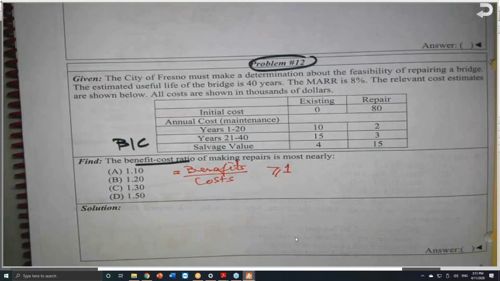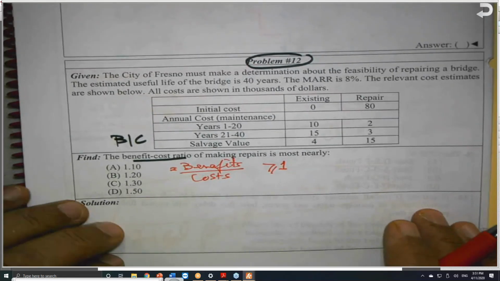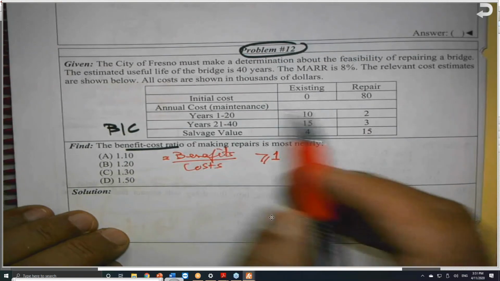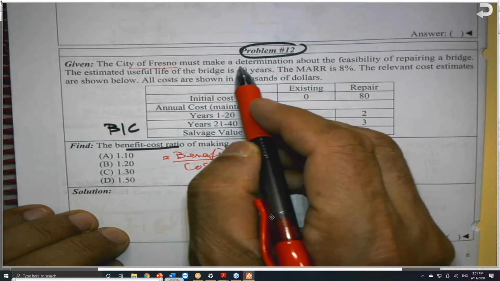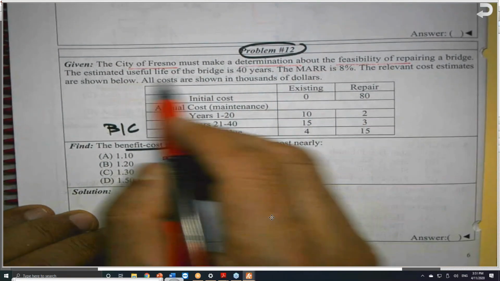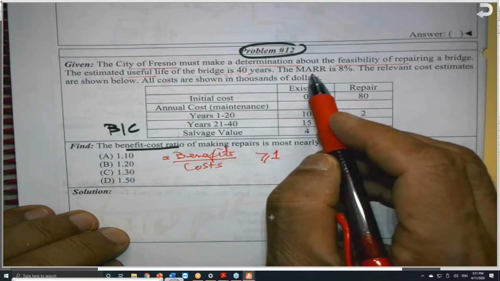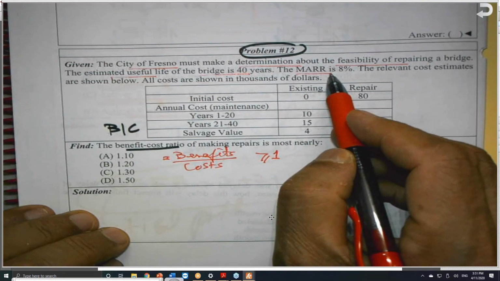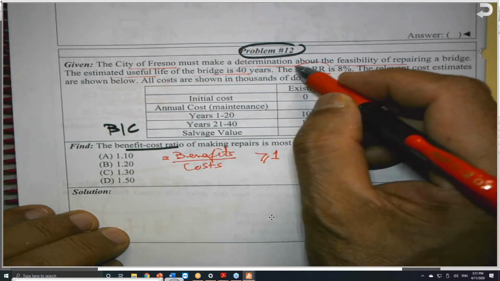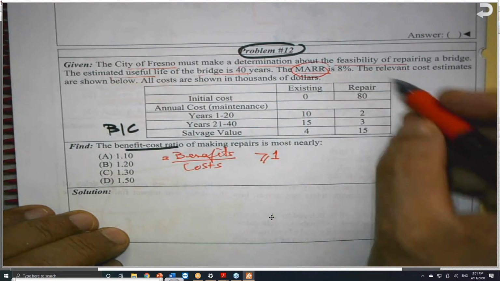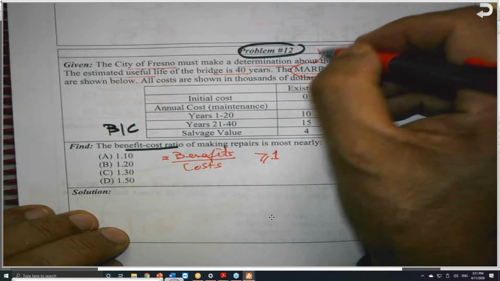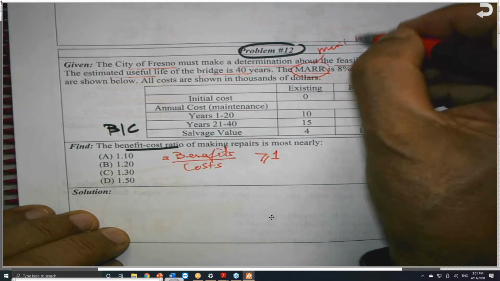So let us go to this benefit cost ratio problem. The city of Fresno must make a determination about the feasibility of repairing a bridge. The estimated useful life of the bridge is 40 years. The minimum attractive rate of return, the MARR, is another abbreviation also.